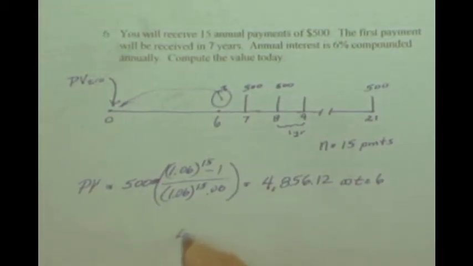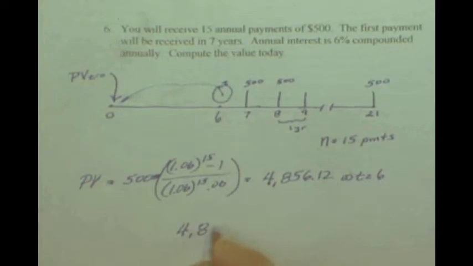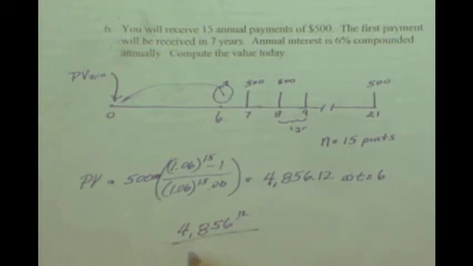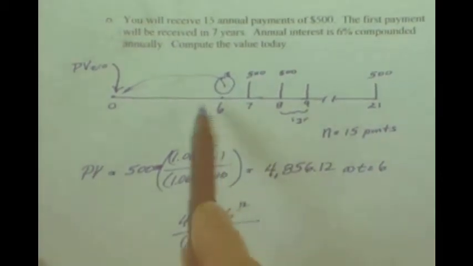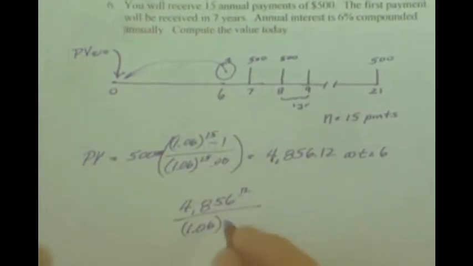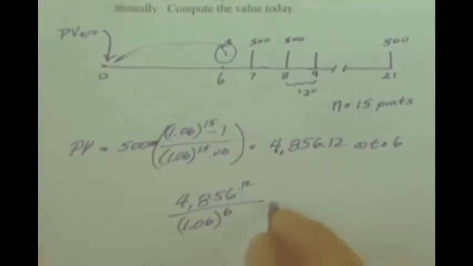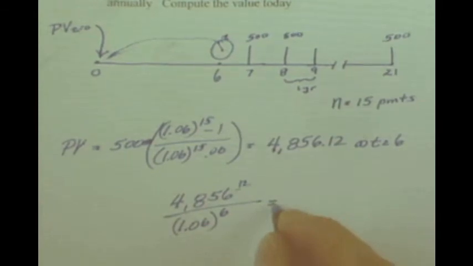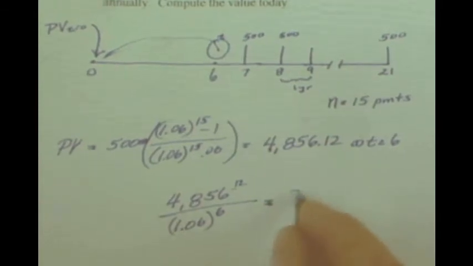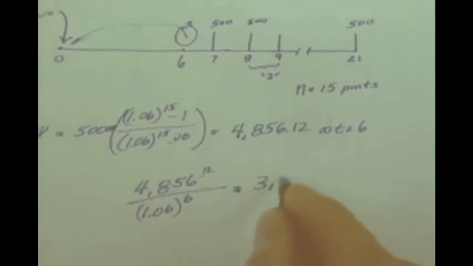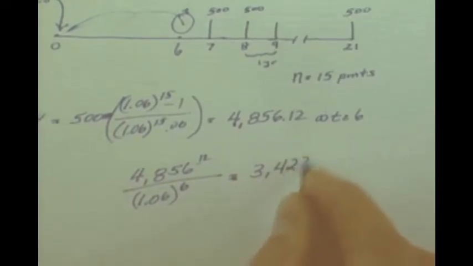And so let's take that 4,856.12 and let's move it backwards in time 6 years and put it at time 0 where we want it. At that point, it will have shrunk to $3,423.